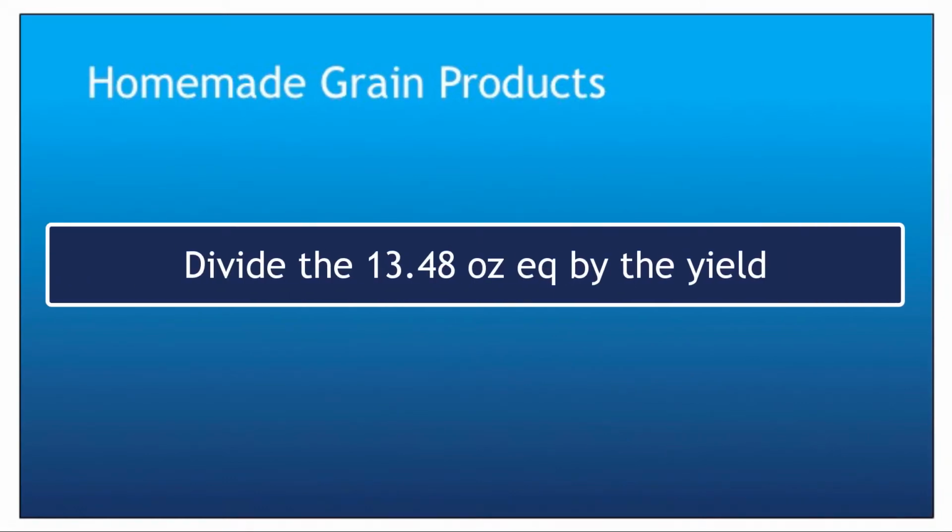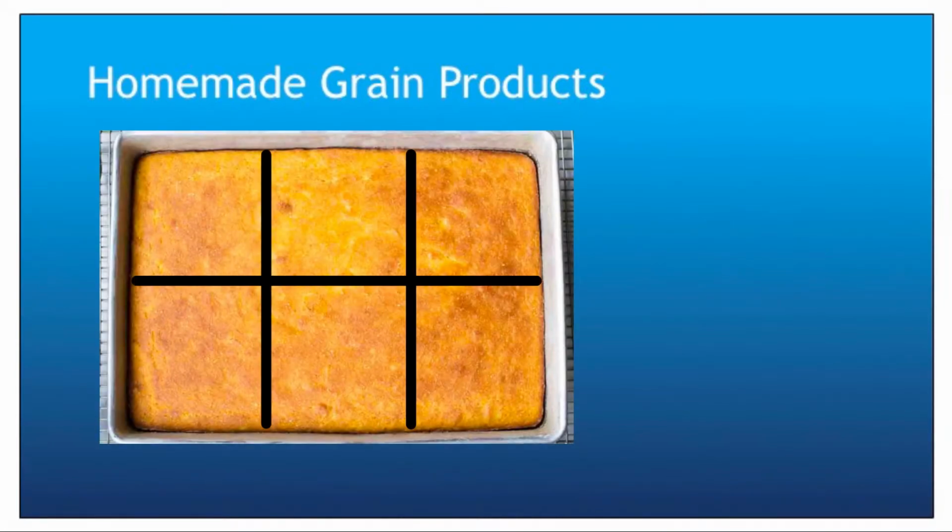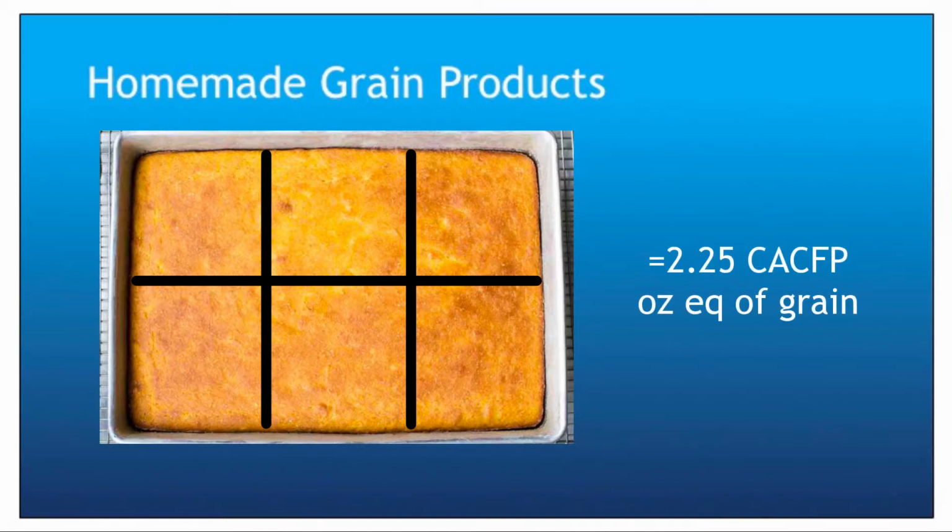Divide the 13.48 ounce equivalents by the yield. If cut into 6, each serving of cornbread would provide 2.25 CACFP ounce equivalents of grain.